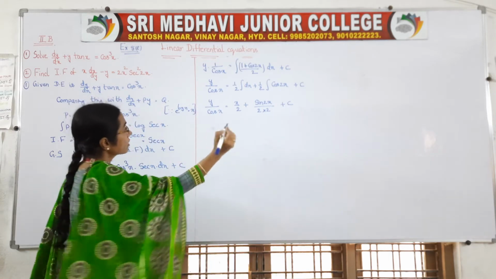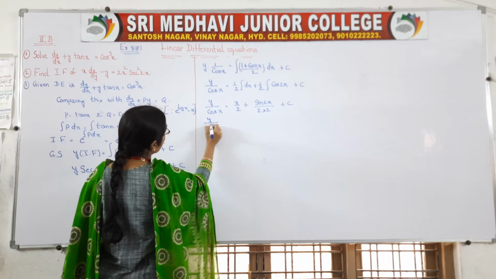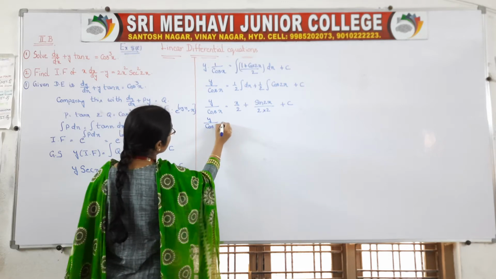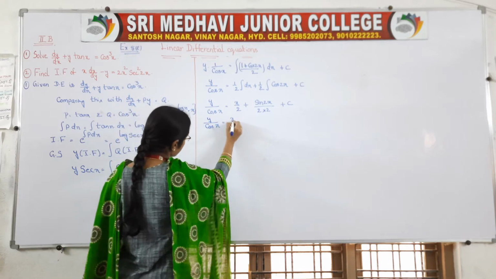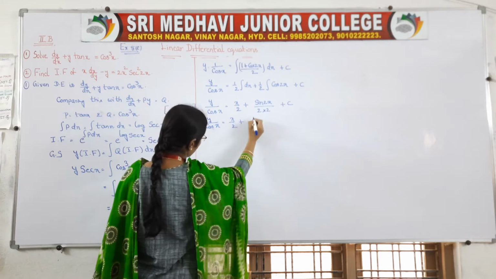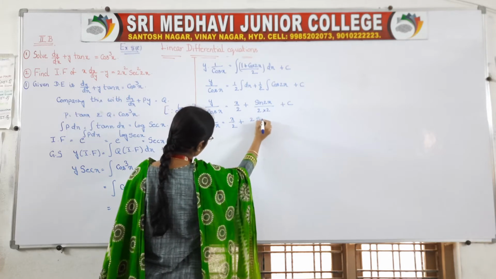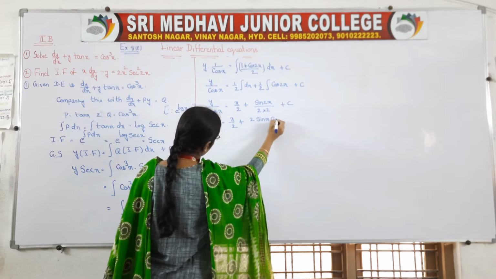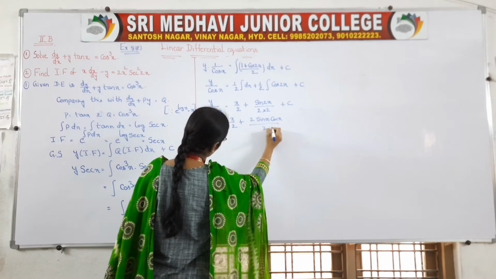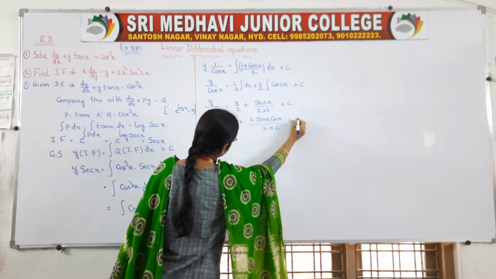Next we can write this as y by cos x is equal to x by 2 plus, taking sin 2x as 2 sin x into cos x, by 2 into 2, plus c.